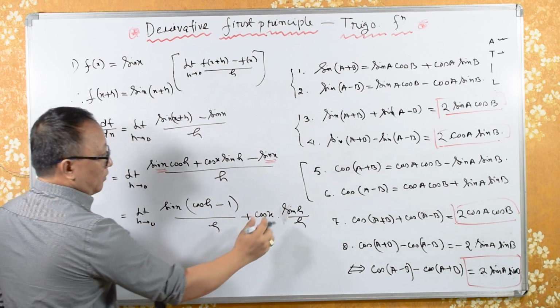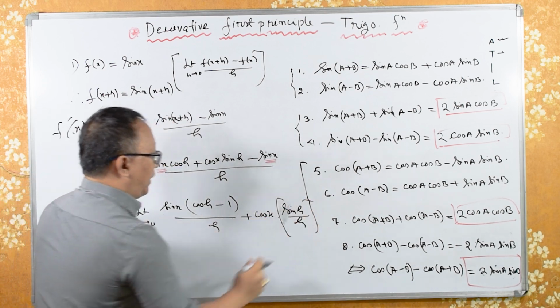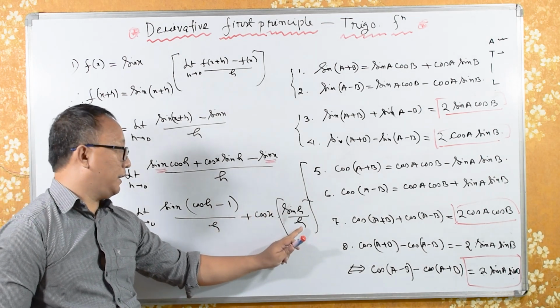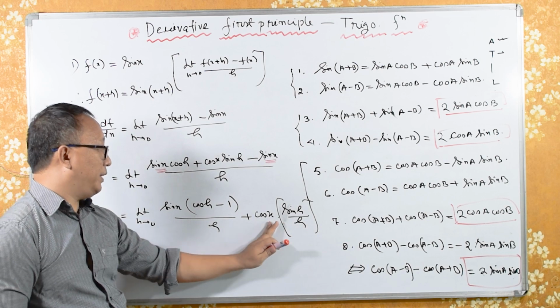I can separate these limits. When h tends to 0, sin h by h becomes 1. Therefore we have only cos x.